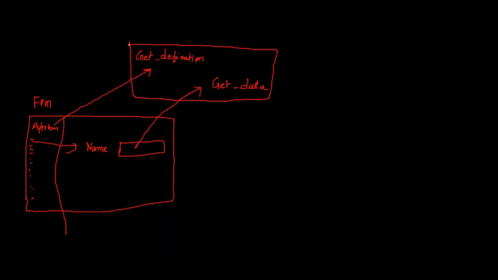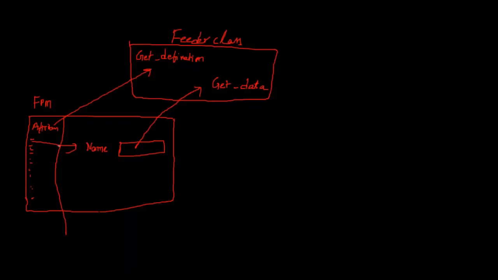Okay. So ultimately for every UI which we are designing, there should be get definition and get data implemented. These two are part of the feeder class. Every UIBB will have a feeder class.